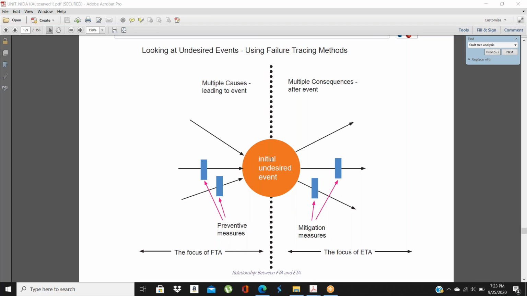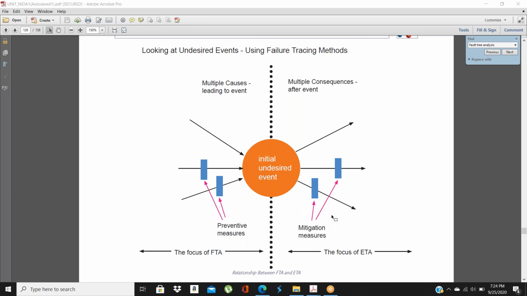Let's suppose if the accident occurs, how we will then mitigate the losses; and fault tree analysis is the preventive measure. Before the accident, what control measures we can put and what the failure events will be, and how we will prevent the failure. After the accident occurs, then mitigation is the measure.